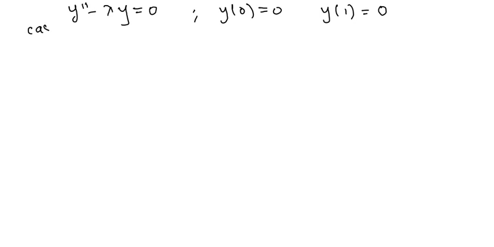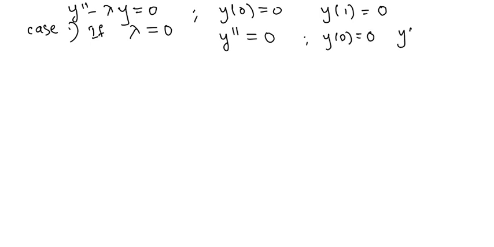Case 1, if lambda is equal to 0. Then the problem looks like y double dash equal to 0, with boundary conditions y of 0 equal to 0 and y at 1 equal to 0. Now we will solve this.